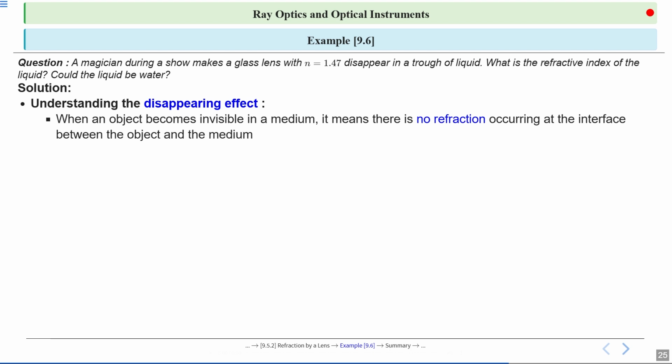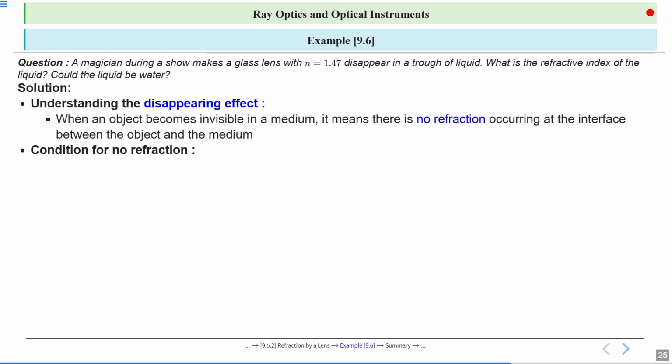So we cannot detect the interface or surface that is separating the glass lens and the liquid. That's why the glass lens becomes invisible in the liquid, because our eyes cannot detect the surface separating the two media, since refraction is not occurring at the interface. That is the disappearing effect.